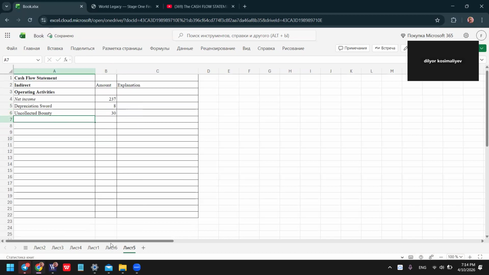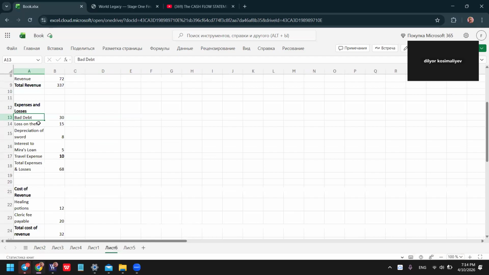And then there is loss on theft. Actually, this one is a bit tricky because she lost her purse, and you could say she just lost the purse, maybe worth 15 gold pieces, but that was not really the case.